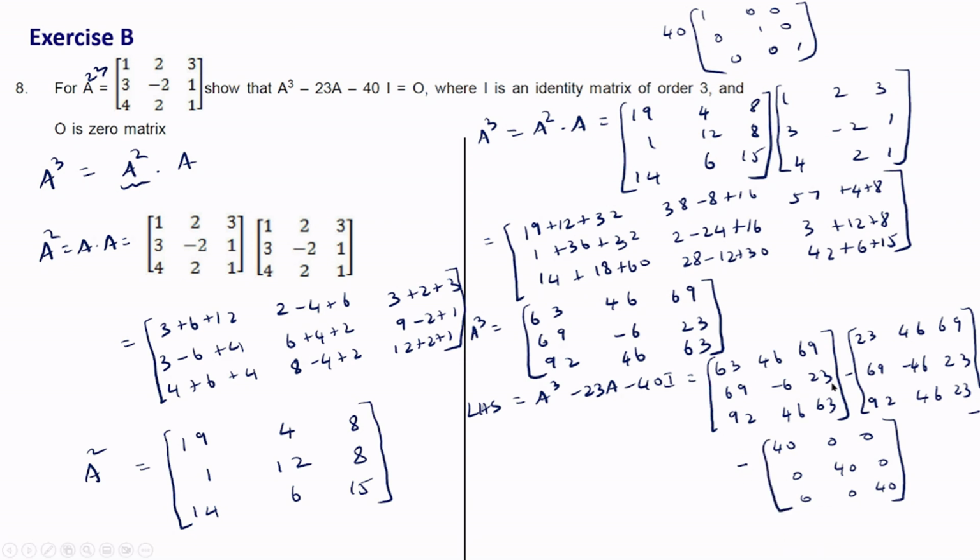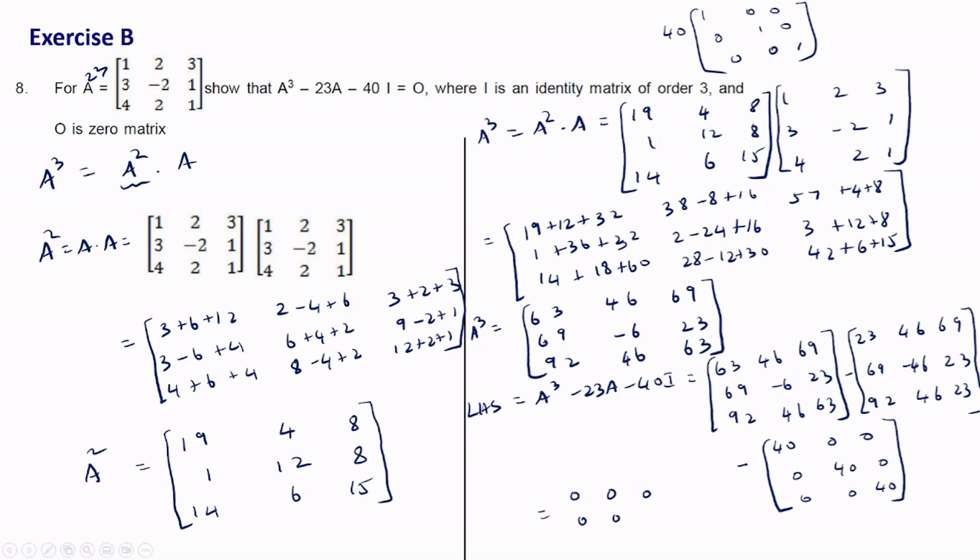So here we get 63 minus 23, 40 minus 40, 0. Then 46 minus 46, 0. Then 69 minus 69, 0. Then here 69 minus 69 minus 0, 0. Then minus 6 plus 46 is plus 40, minus 40, 0.